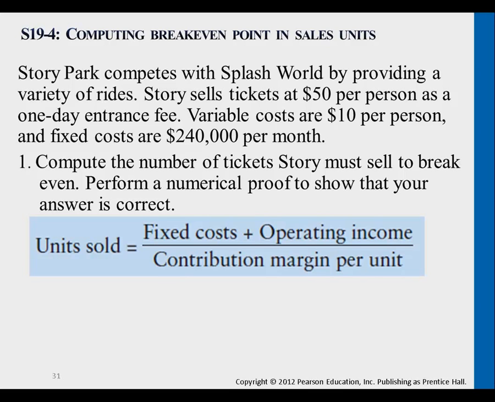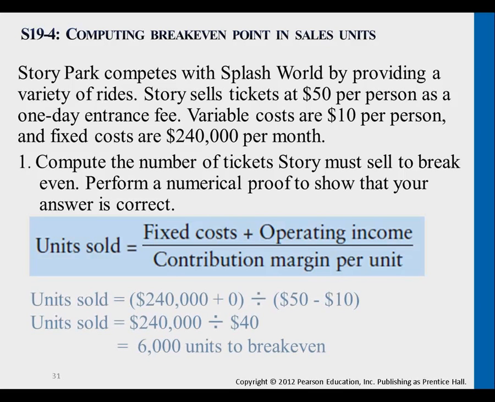Yeah? That's correct. All right, so units sold is 240,000 plus 0, and we divide it by 50 minus 10. So we have units sold equal to 240,000 divided by $40, and that's my 6,000 units to break even.